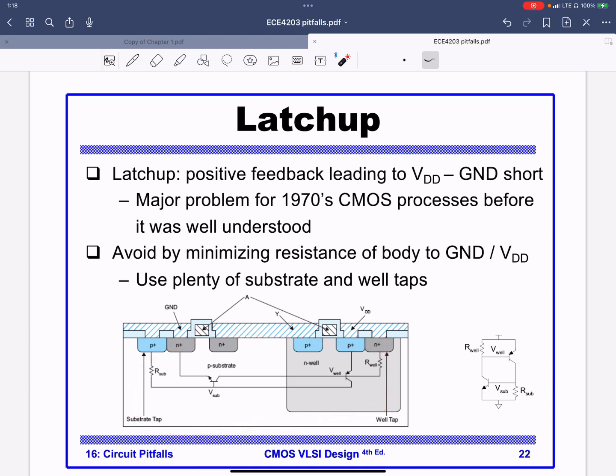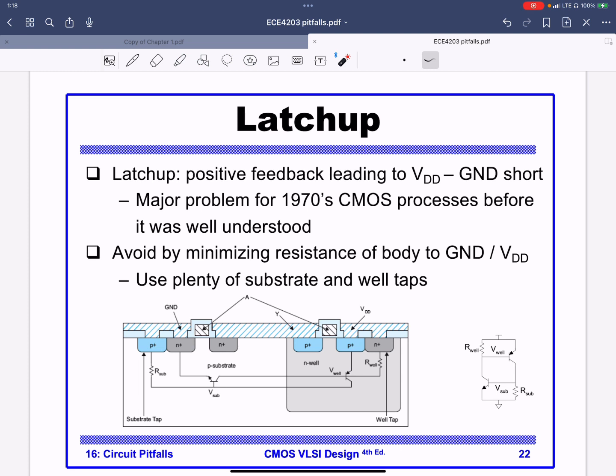And so if you draw those, you end up with a circuit like this. And this circuit, if it's given the wrong pulse, I forget which way the pulse has to come in, this thing can go into a positive feedback loop and cause this thing called a latch up.